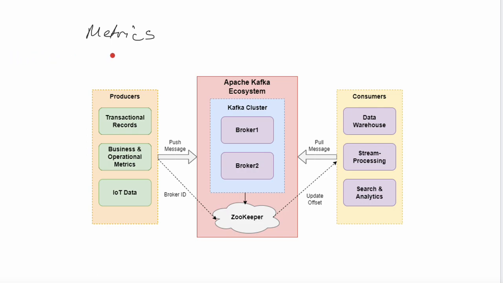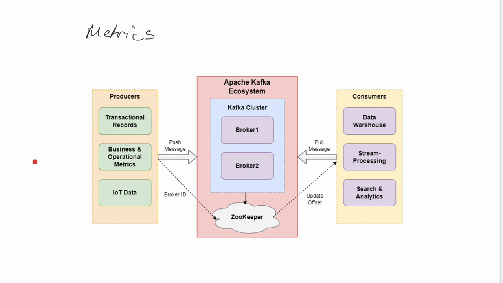So in this case, metrics, and there are three types of metrics you can think about. One is transactional. Let's assume credit cards. You want to pass that information over, and you want to think about highlighting large value customers, or, in the extreme case, looking at fraud. Or operational metrics. Let's assume you have a logistics company, or you're a manufacturing company.